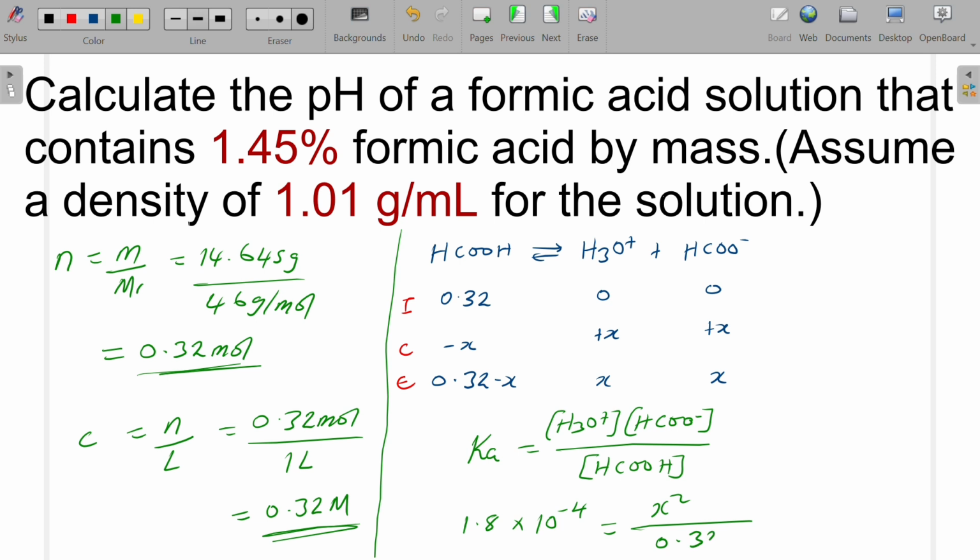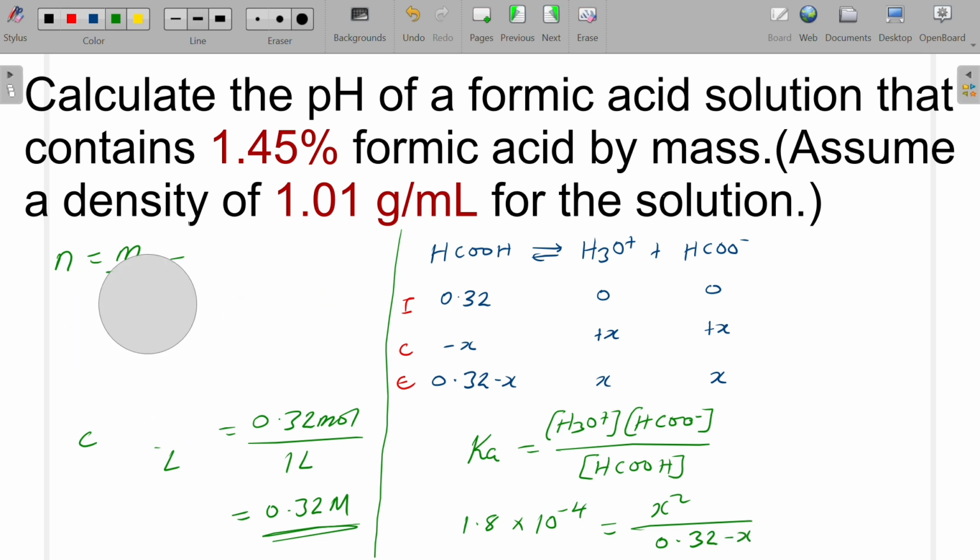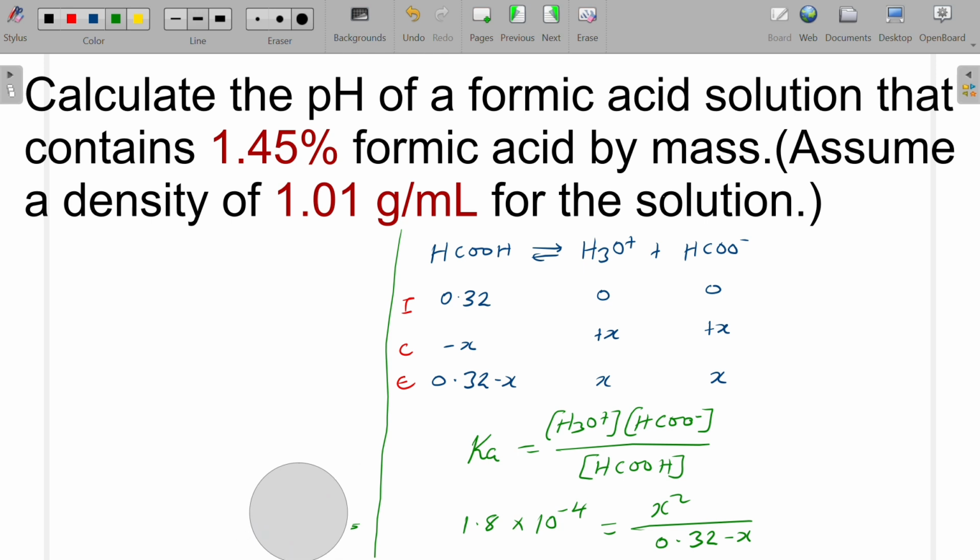And then down here we have 0.32 minus X. So let me clean the other part here so that we can use it.